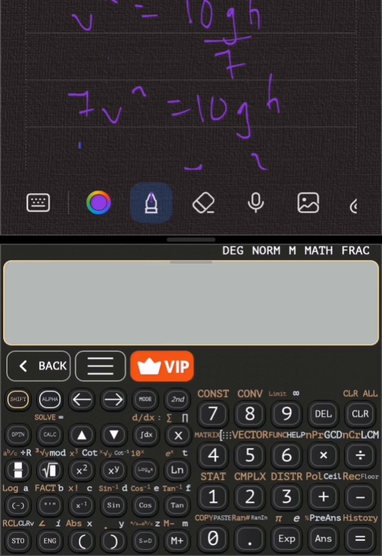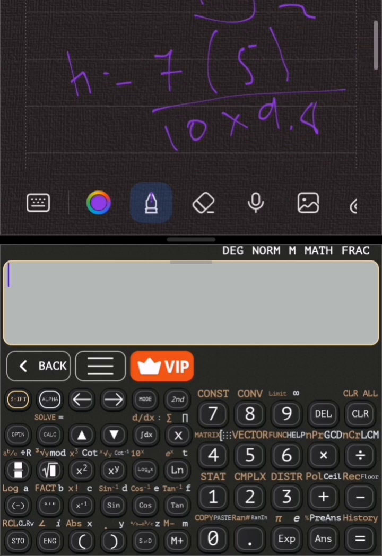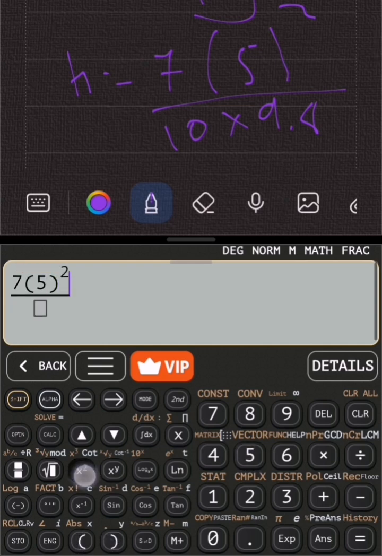So we have a fraction that says 7 in the brackets of 5 squared, over 10 multiplied by 9.8.